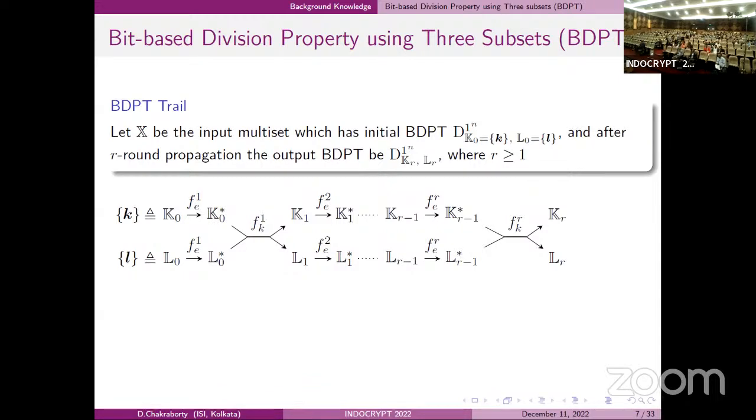Suppose X is the input multiset which has the initial BDPT, bitwise division property using three subsets, abbreviated BDPT. The initial property is K0, L0, and after r rounds of propagation there is some set K_r, L_r. This is how, starting from one set, the property propagates with respect to the round functions.